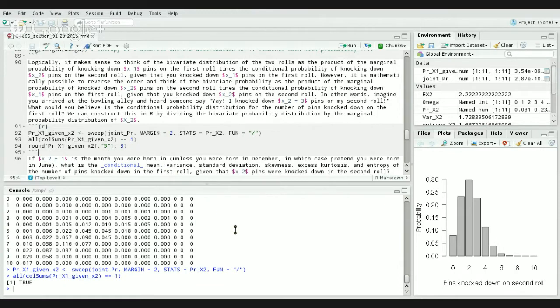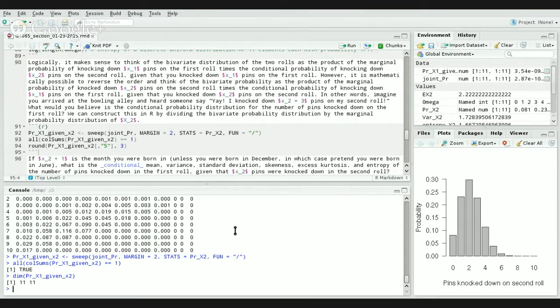So again, PRX1 given x2 is going to be an 11 by 11 array. We can look at that briefly.